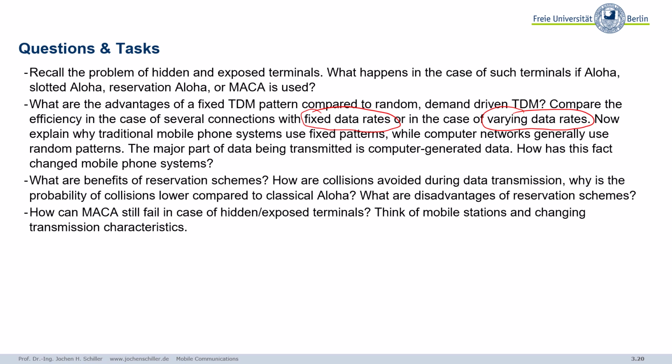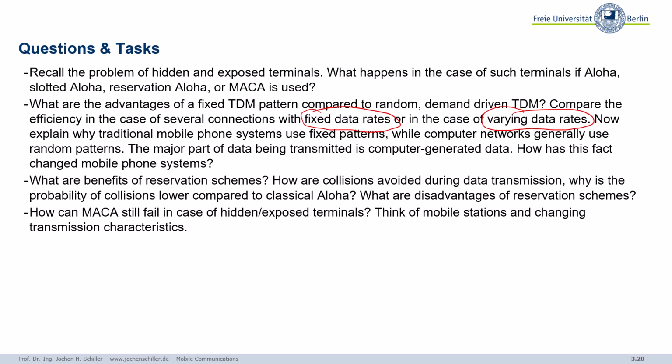And then if you compare this, I guess you might come up with the answer why traditional mobile phone systems rather use fixed multiplexing patterns, but the classical computer networks use more random, demand-driven patterns. And today, in our mobile phone networks, we have more and more computer-generated data. So, how has this changed our mobile phone systems? What are the problems? How do we adapt?